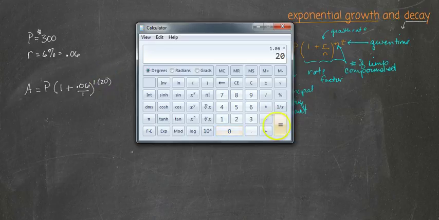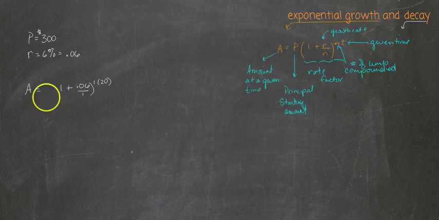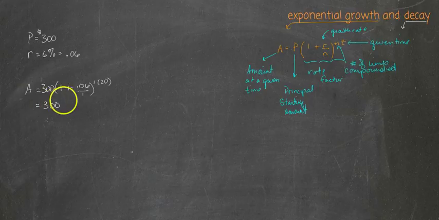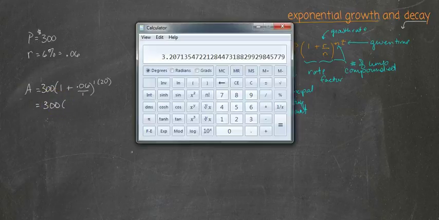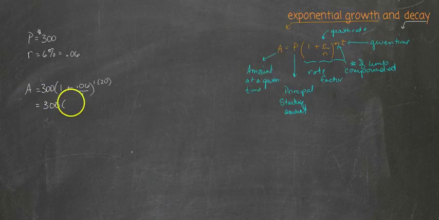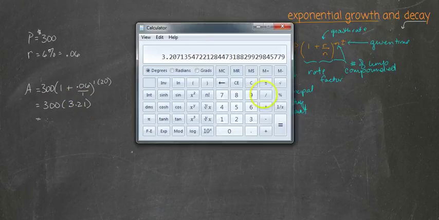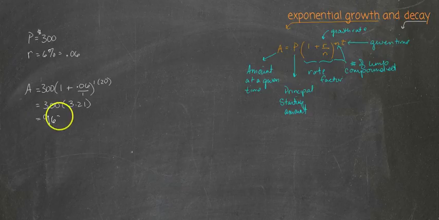So 20 is t. That gives me this decimal, which at this point I would probably want to go ahead and plug it in. Oh, I wrote P here. Sorry, I meant 300. So that's 300 times 3.21, which equals $962.14.